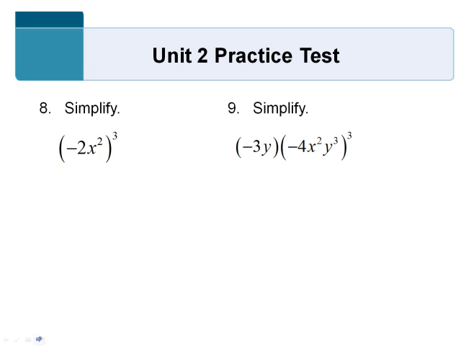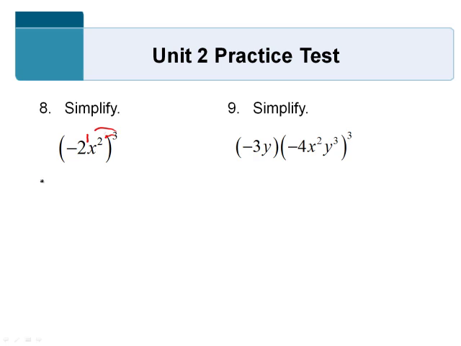All right. Now, number 8, we're getting into looking at a power to another power because you've got this whole product in there, the negative 2x squared, and all of that is to the third power. So here, whenever you've got an exponent on the outside to the right-hand side of the parentheses, anything that doesn't have an exponent, you want to put a little 1 there to remember that it does have an exponent. And what we're going to do is we're going to distribute that 3 to those exponents on the inside.